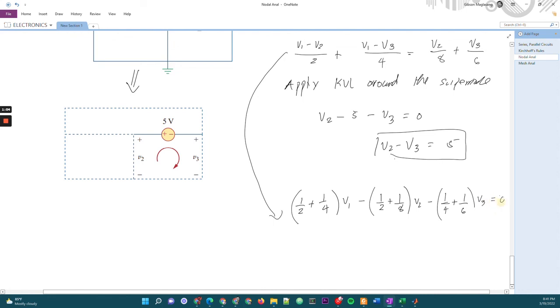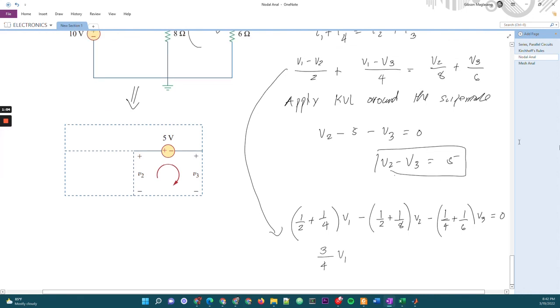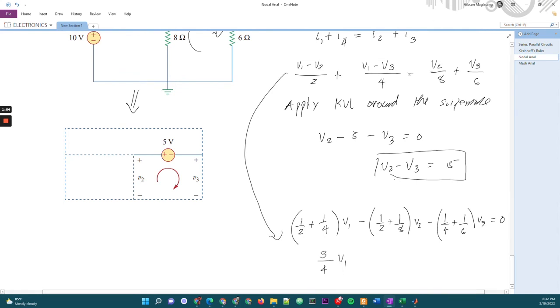Okay, so we have 3/4 V1 and so on. So we have this set of equation.